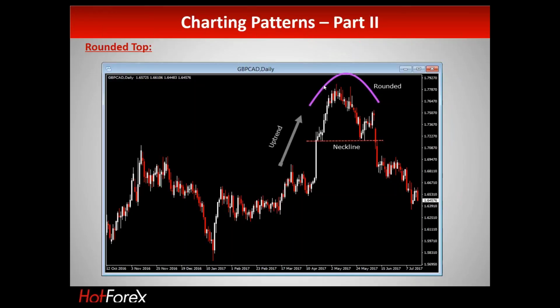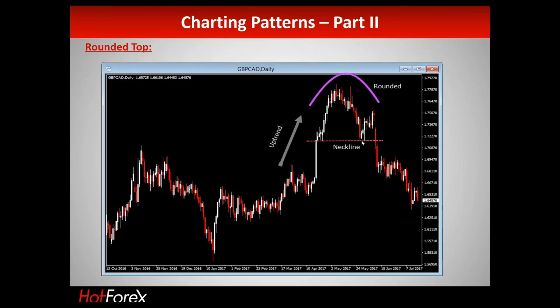However, at this area over here, it started to go down. The sellers started entering the market and pushed the asset lower. However, we weren't sure that this was a reversal signal.